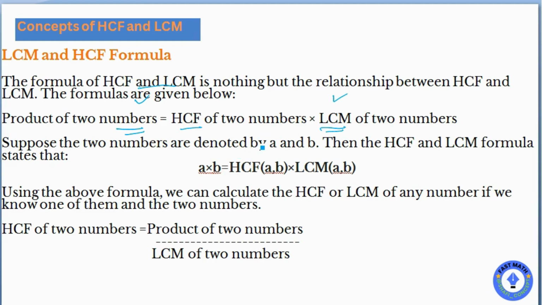If you denote it as a numerical formula, if A and B are the two numbers, then the relation between HCF and LCM will be A into B, that means the product of the numbers, is equal to the HCF of those numbers multiplied by the LCM of both numbers. This is the most important formula. Please memorize it so that you have a better command on this topic. Obviously, if you want to get the HCF, it is the product divided by the LCM.